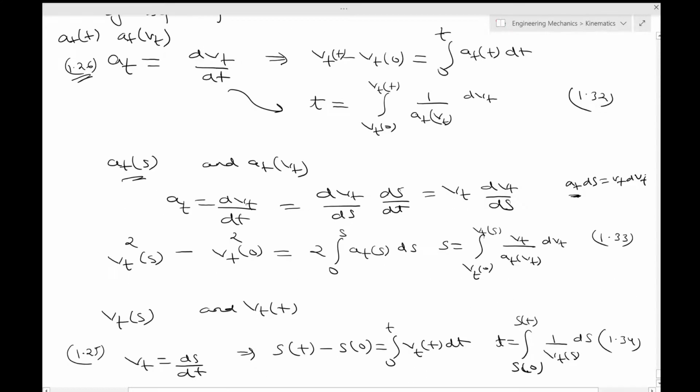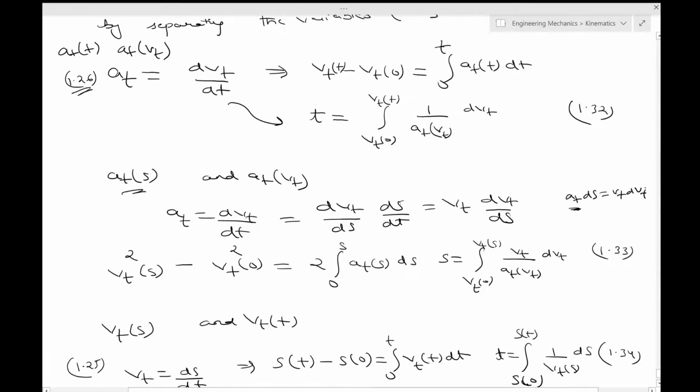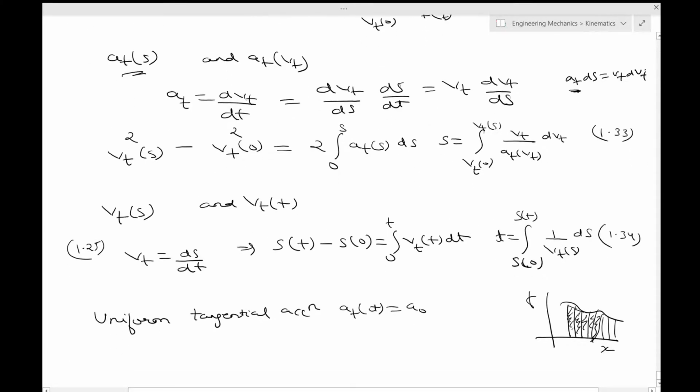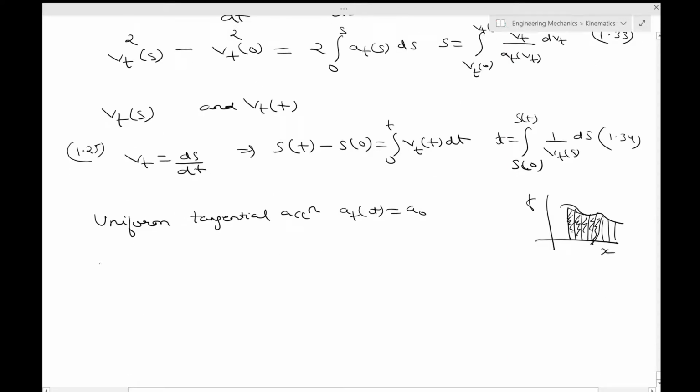So 1.32 will become Vt at t minus Vt at 0 will be equal to a naught t, okay. So that would become Vt at t equal to Vt of 0 plus a naught t.